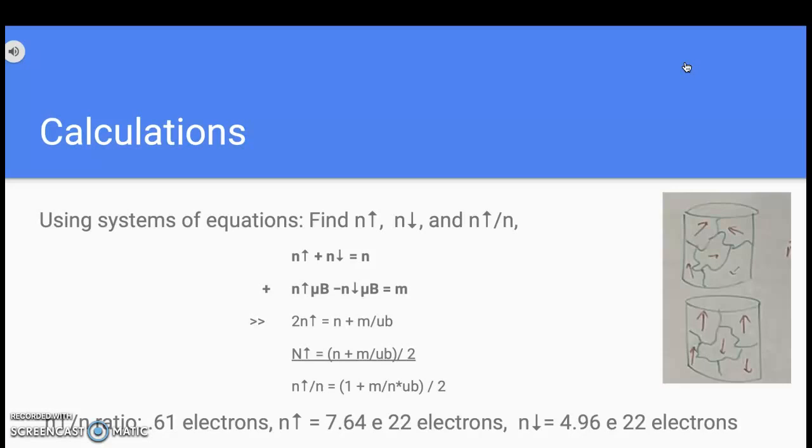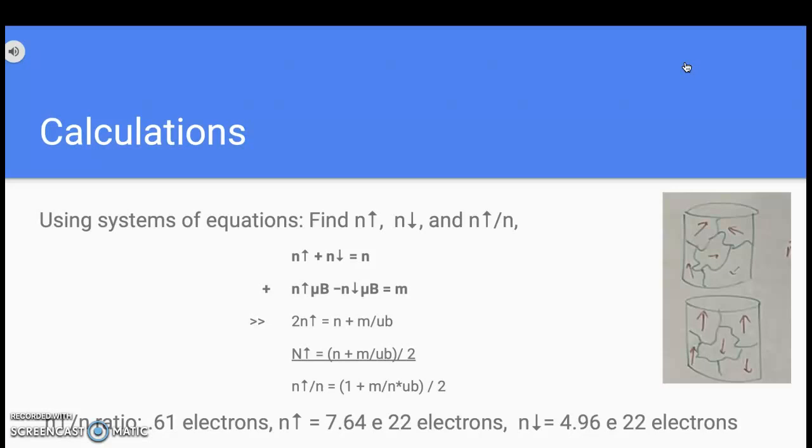And then last but not least, the formula N spin up over N is equal to (1 plus M over N mu B) divided by 2. So these are the formulas that you're going to use after deriving them in order to find these ratios. Using those three formulas, you're going to find those three different things.